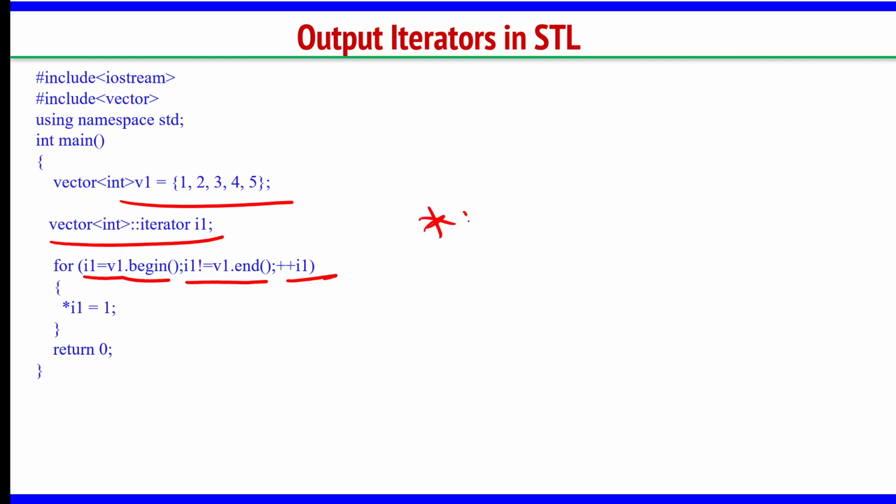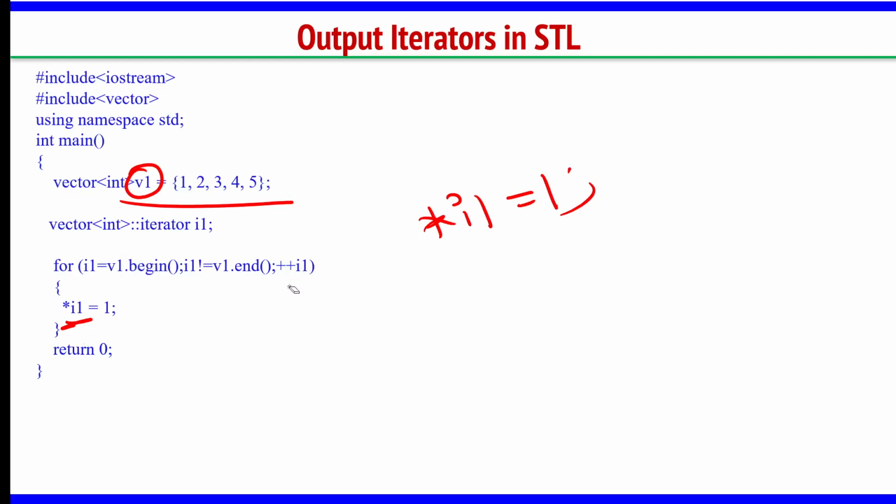See, *I1 = 1. Here I am assigning values, updating the values of v1 through this iterator I1. From the beginning till the end of v1, whatever values are there, you are replacing them by 1.